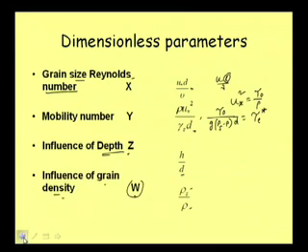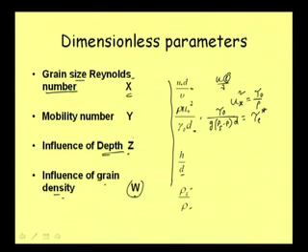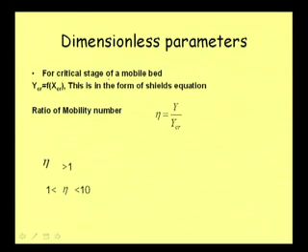Now, we have seen that when we are talking about these dimensionless parameters, two-phase motion is influenced by all these parameters, and when it is in the critical stage of motion, just in the incipient motion condition, then this x can be related to y in critical condition. So we can write that for the critical stage of a mobile bed, y critical is a function of x critical, and that we already got in our earlier discussion.